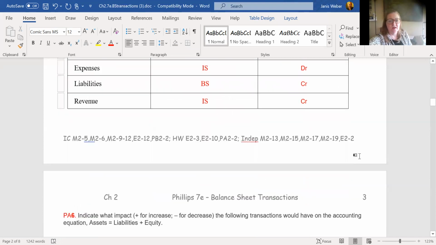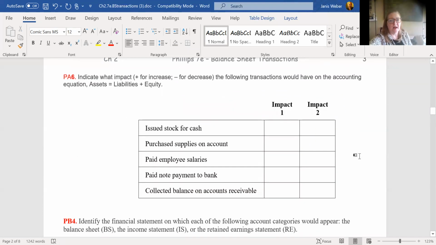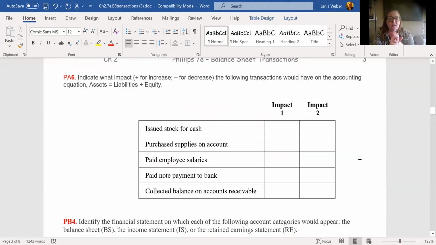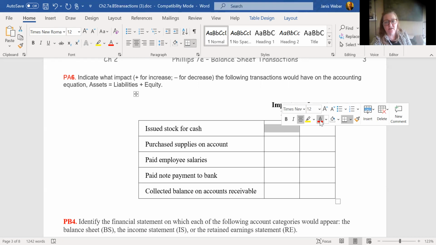Okay. Now, the next thing, the impact. These exercises are showing impact of plus for an increase, a minus for a decrease, and we're just going to use the first letter of the assets, A, liabilities, L, equity, E. Okay, if you issue common stock for cash, that means the cash increased, so assets increased.